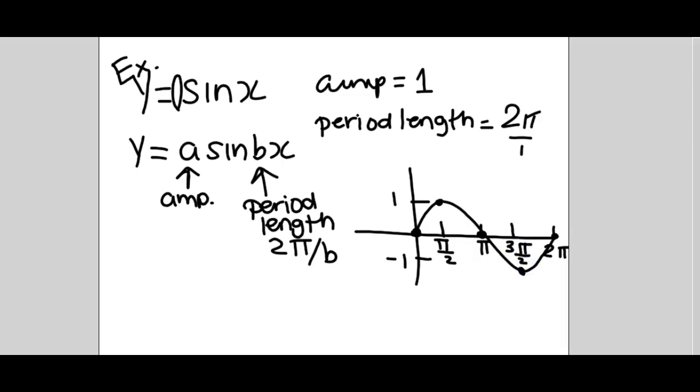All we did was split that 2 pi into 4 pieces. If you were to continue on, your picture would look like this. And then it would come back and just keep going like that.